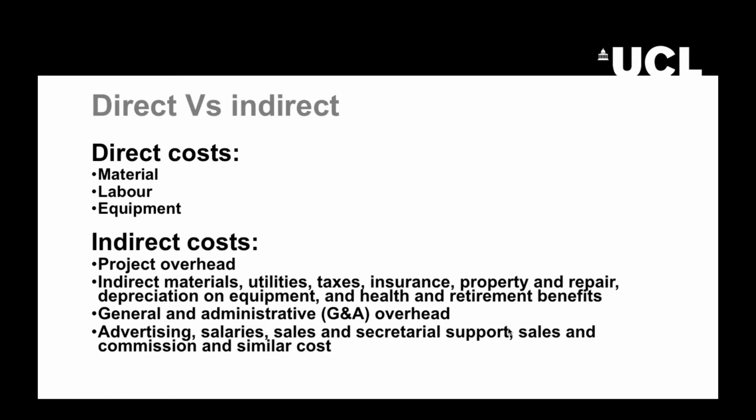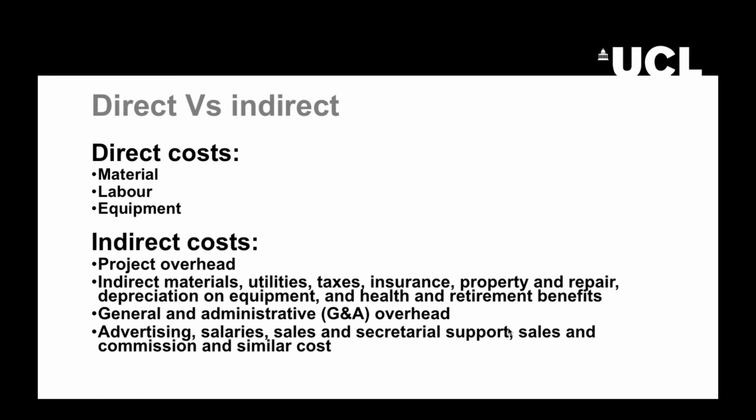Well, maybe the most typical differentiation of cost, depending on its nature, is to classify them as direct costs or indirect costs. We usually consider the materials, the labor, and the equipment as direct costs, while the indirect costs are the project overhead.